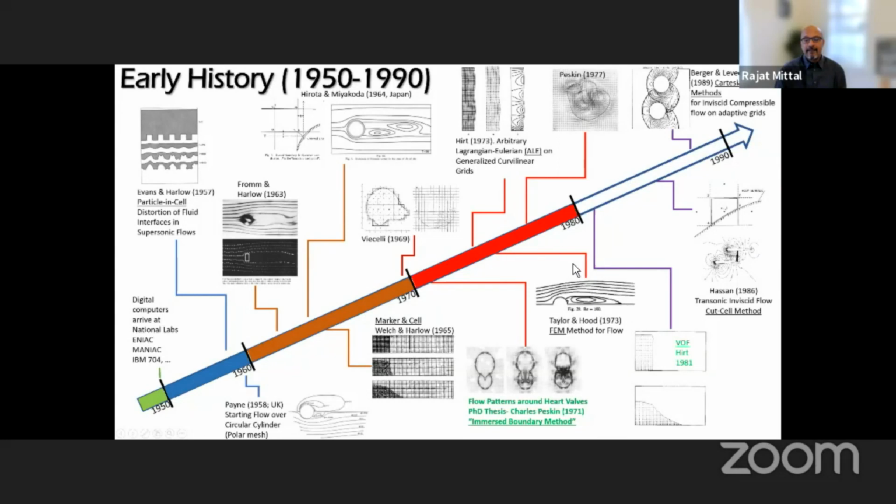This was a very productive time for computational fluid dynamics. The ALE method came out around the same time, and the first use of finite element methods to do fluid flow also came about. After that, other research groups brought in Cartesian grid methods for inviscid flows and compressible flows, and the cut cell method was introduced by Hassan in 1986.